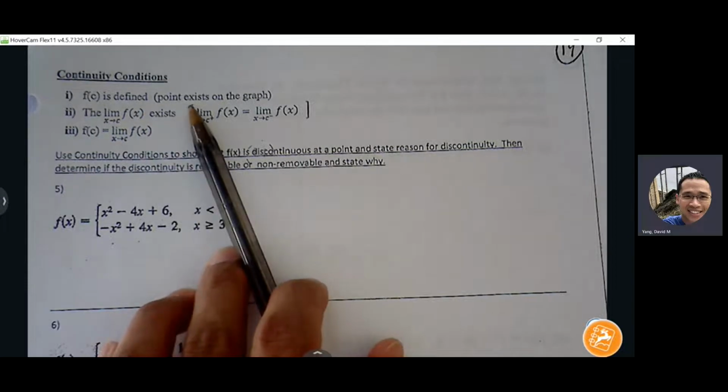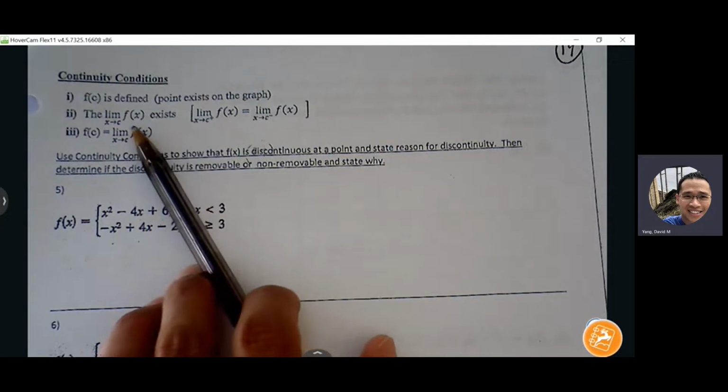So first, establish whether the point exists. Now, if the point doesn't exist, we know the function is not continuous, but we're still going to move on. We're still going to test the second condition because we don't know which category of discontinuity we're dealing with yet. So think of the first condition as just information gathering. We're never going to stop after the first one. We're going to keep going.